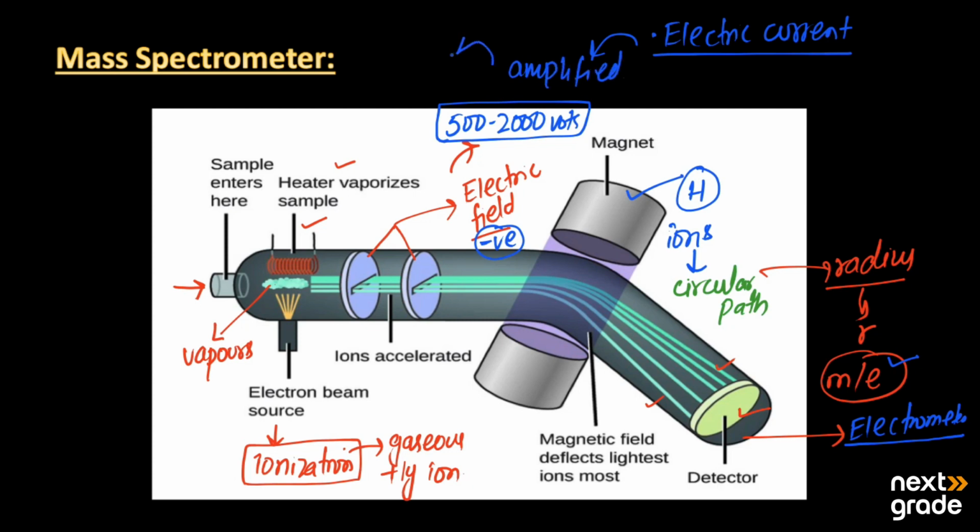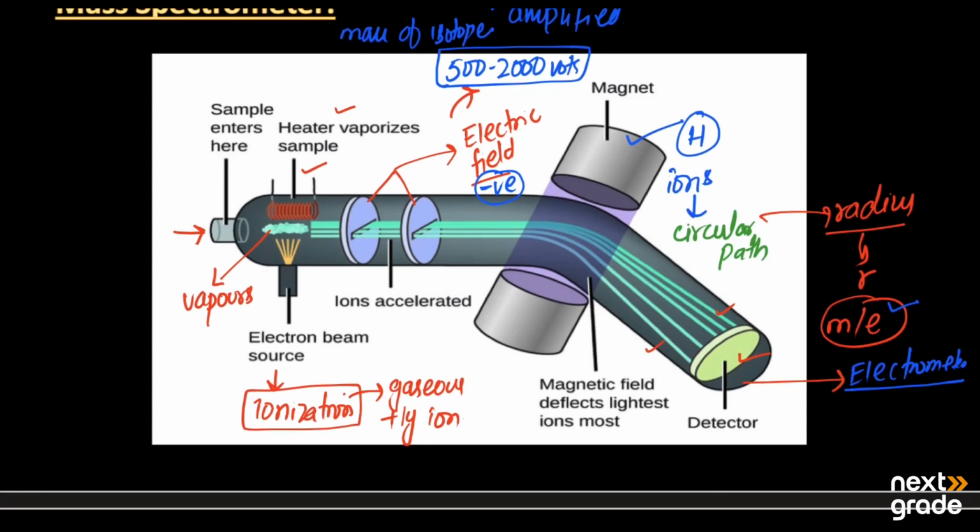On the strength of the electric current they produce, we get the mass of the isotopes. So this is a simple working of the mass spectrometer.